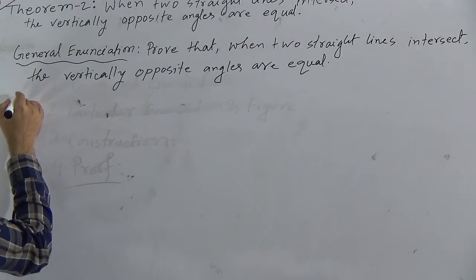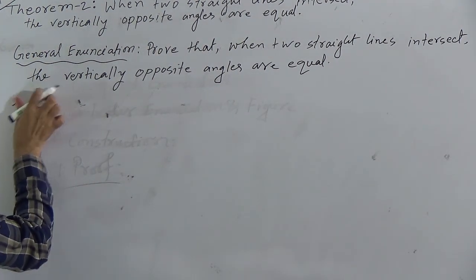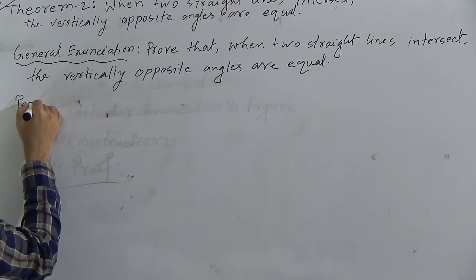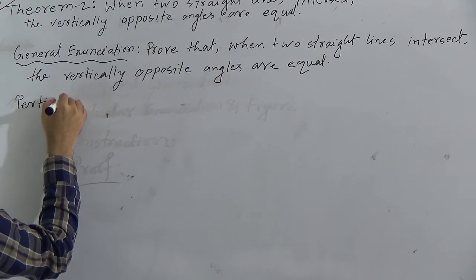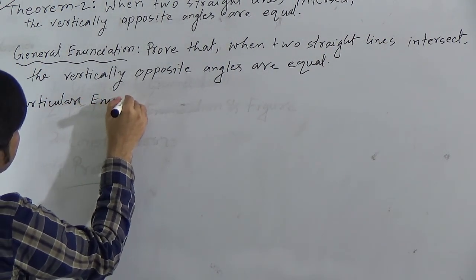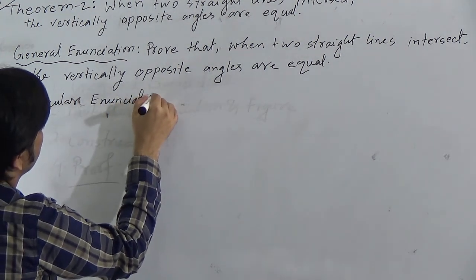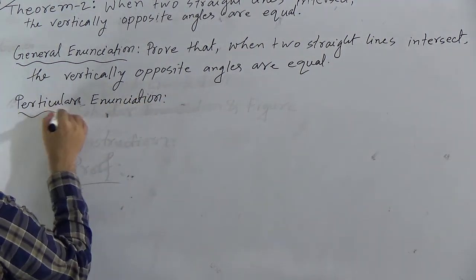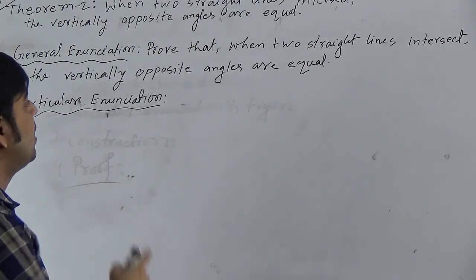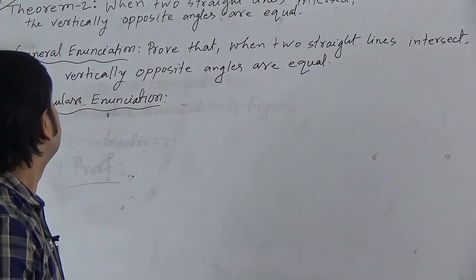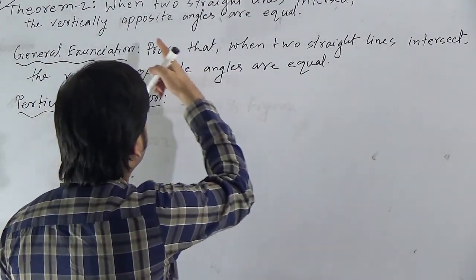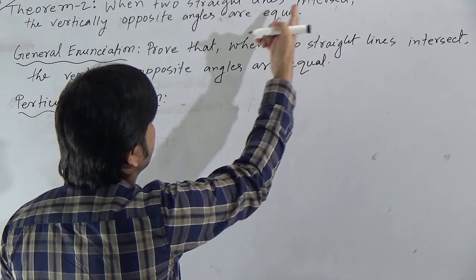Now the next step is particular enunciation. To write the particular enunciation, at first we have to draw the figure according to our given statement. Our given statement is when two straight lines intersect.